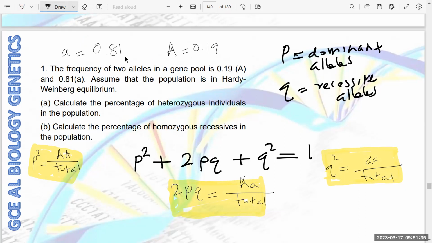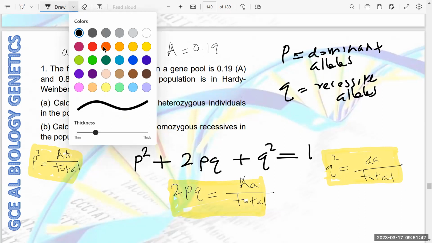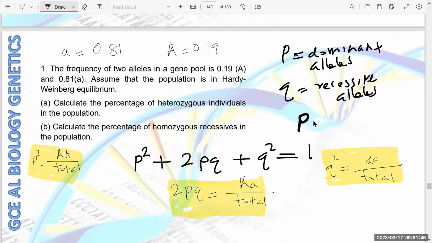So if we add the capital A and simple A allele frequency, it should be 1. As a result, we can also write the second equation of Hardy-Weinberg, P plus Q equals 1. So P plus Q is the allele frequency of dominant and recessive. It always gives 1.